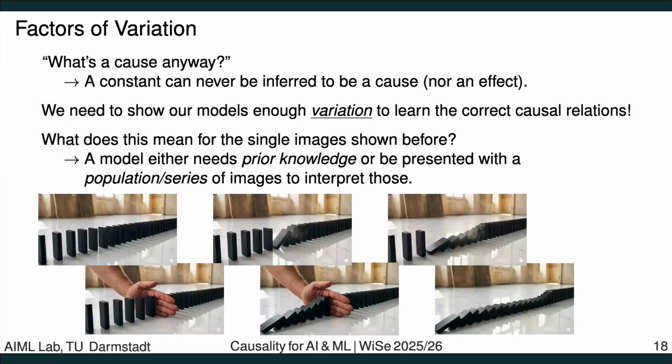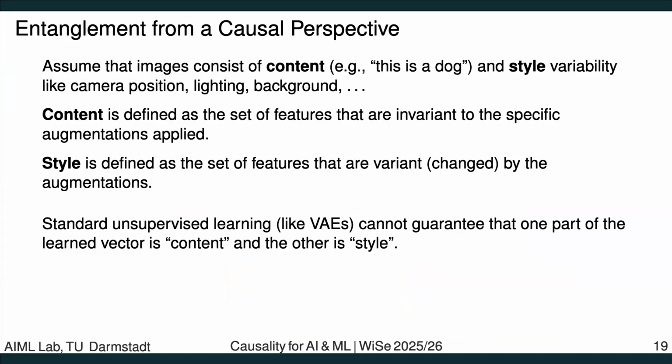So maybe this would help further, even though it might not be enough to train deep models. But at least we have some variation, we have some interventions maybe, and this already gives us a lot more information about the dynamics and which of those dominoes might change or which pixels might change or not.